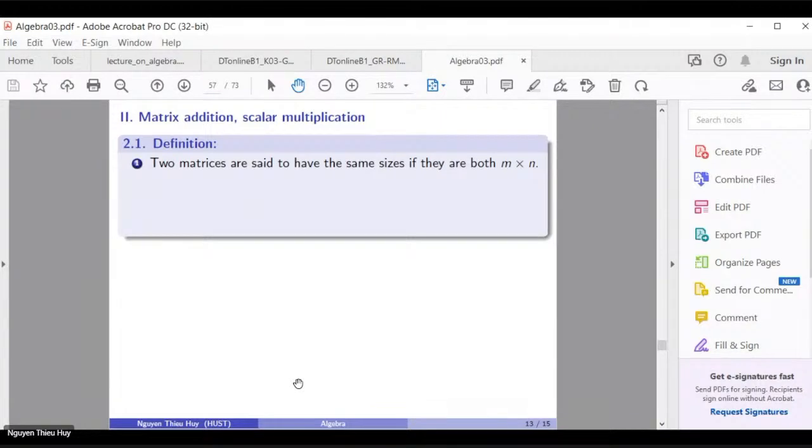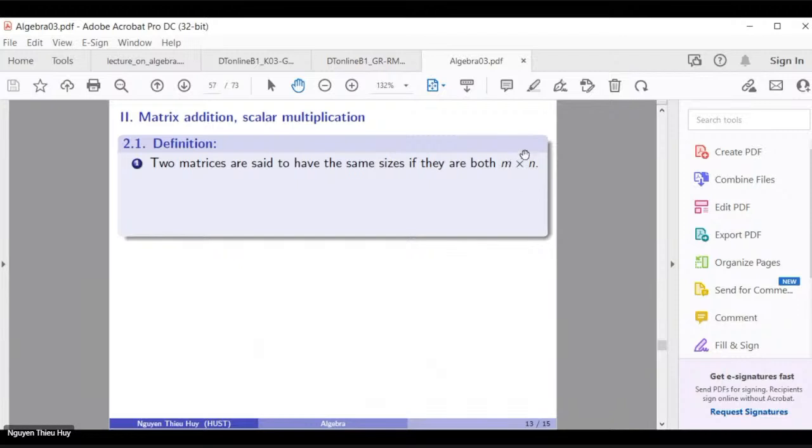A matrix is a little bit more complicated because it has a size, meaning the number of rows and the number of columns, and then it has the entries. Firstly, we define that two matrices are said to have the same size if they are both m by n. They have the same number of rows m and the same number of columns n.